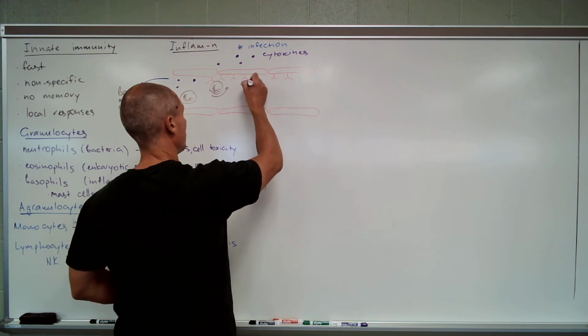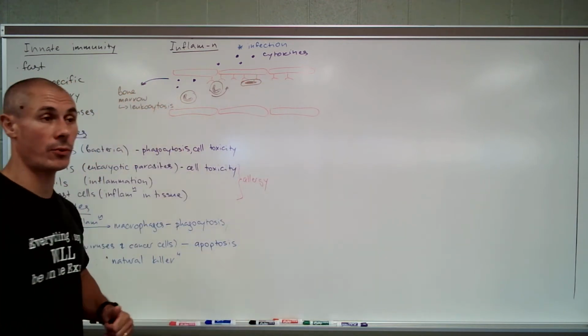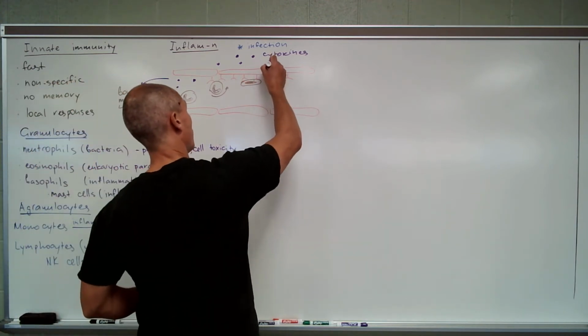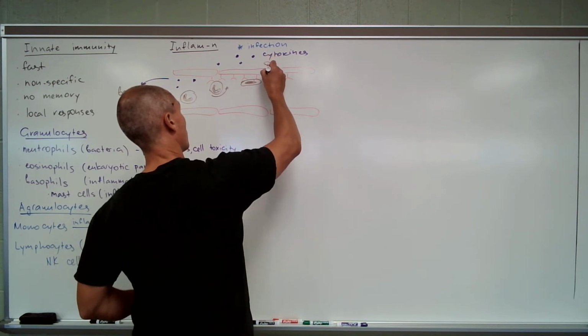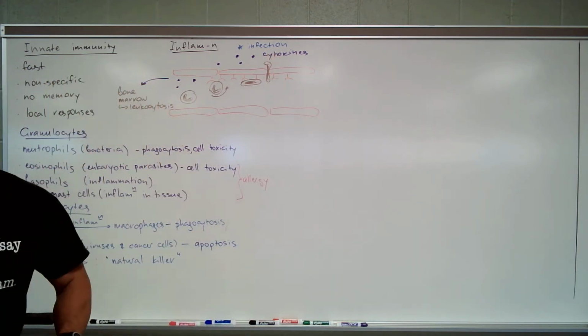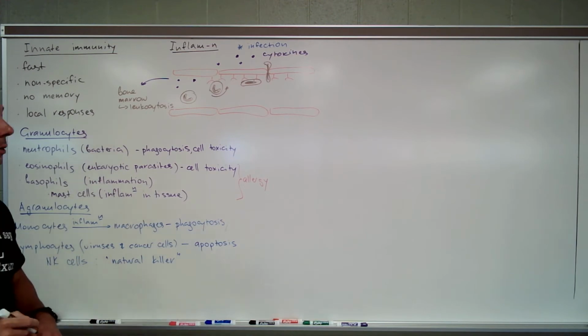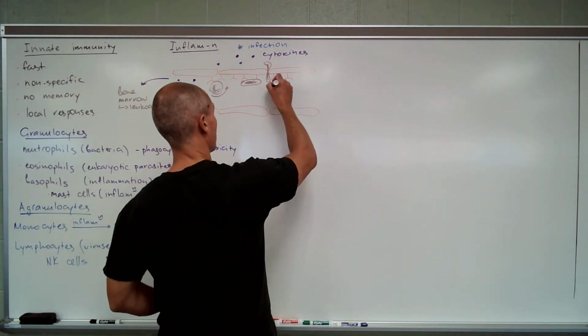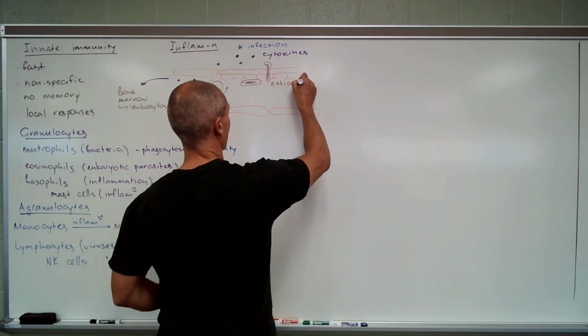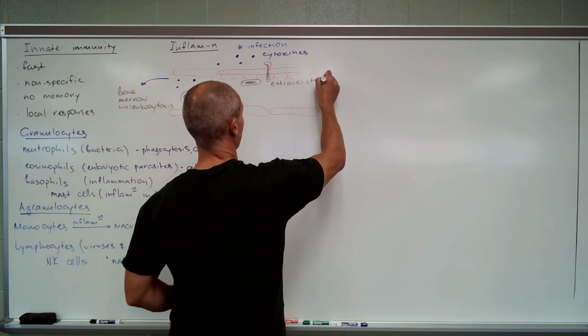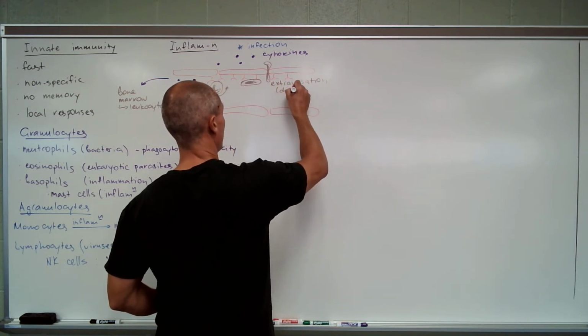Eventually, they form this kind of flat-shaped, firm adhesion, and then they penetrate through the vascular wall in the process of extravasation. Another name for this process is diapedesis.